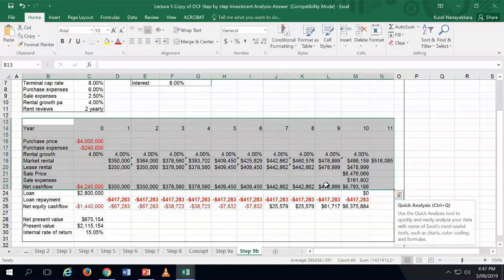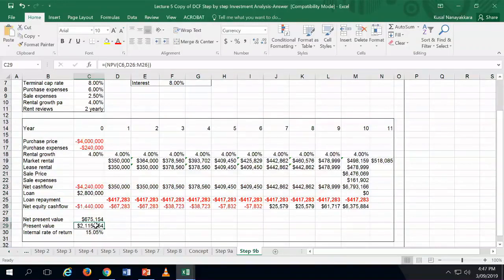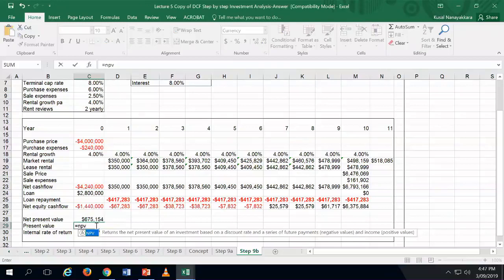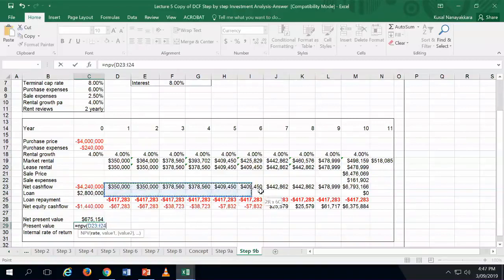When you value any income-generating property using discounted cash flows, it finishes here. Then we calculate the net present value of future income. That's the value of the building. NPV, so net cash flow before tax and interest, right? Before tax and interest.